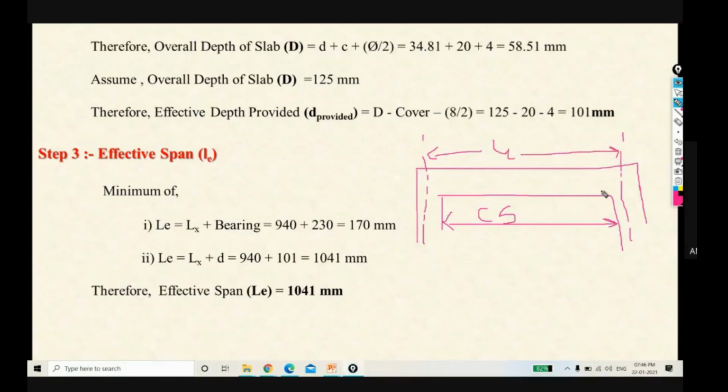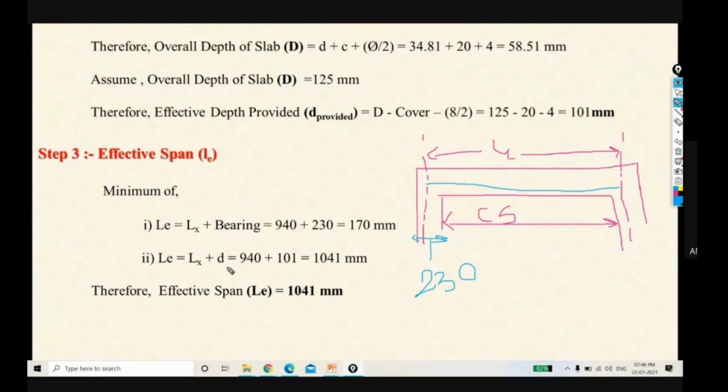Now for calculating reinforcement, we have to consider the effective span. Whatever reinforcement we are providing for our slab, that reinforcement is up to the center to center distance, or up to the center of support. That's why we are required to calculate effective span. The formula for effective span is Lx plus bearing, bearing means this support. We consider 230 mm as a beam for the support. Another formula is Lx plus d, where d is the effective depth.